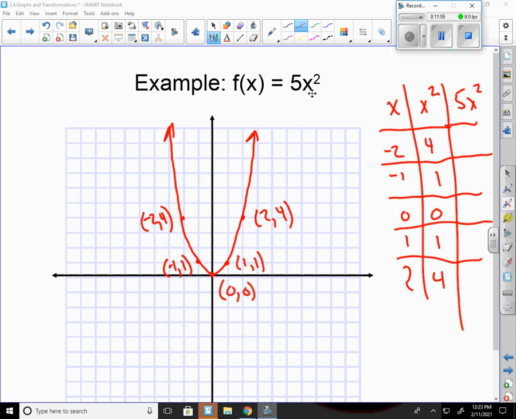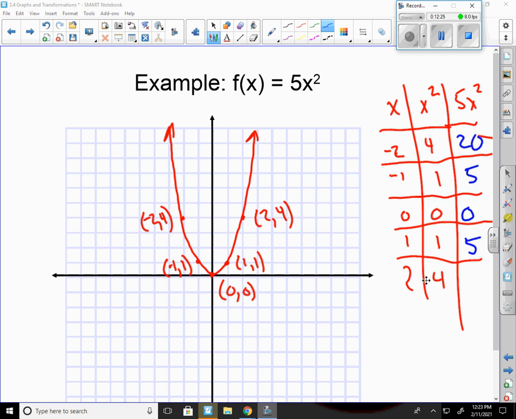Now when we look at doing 5x squared, I could go back to my original and just do -2 squared, which is 4, times 5 gives me 20. -1 squared is 1, times 5 gives me 5. 0 squared times 5 is 0. 1 squared is 1 times 5 is 5.